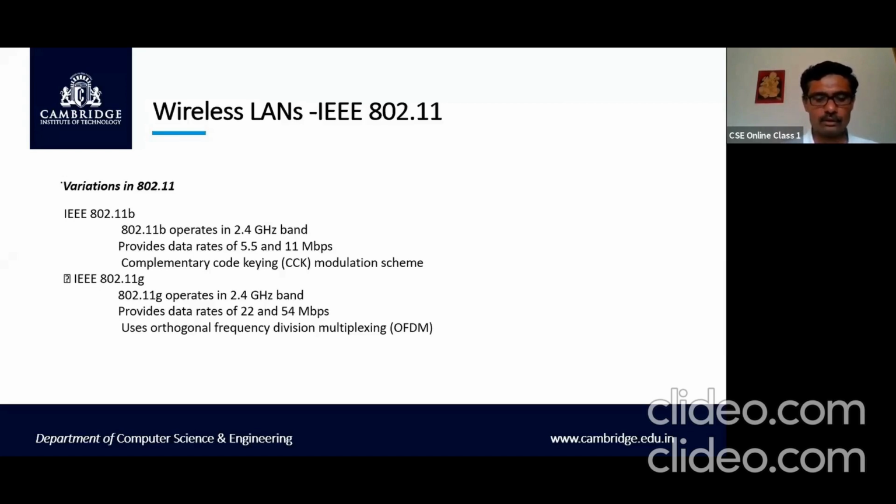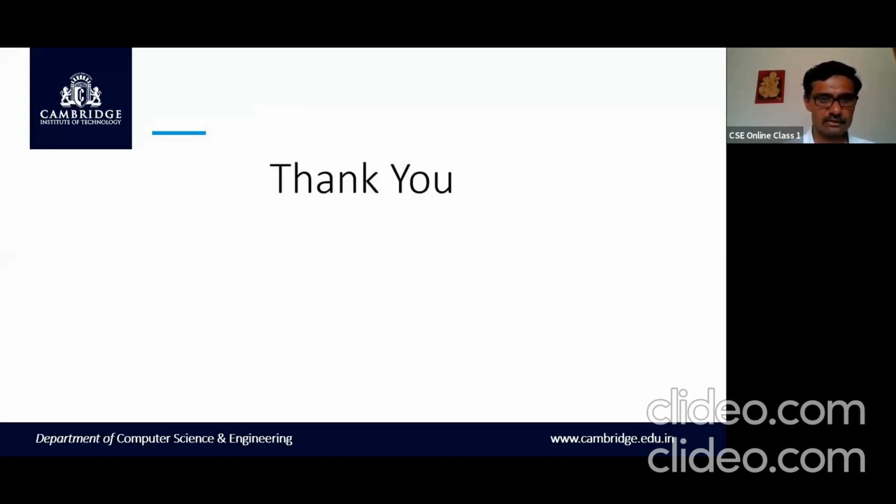In BSS we have an access point or no access point. Without an access point it is called an ad hoc network, whereas with an access point it is called an infrastructure network. And further it is extended with the distribution system, which is called ESS.